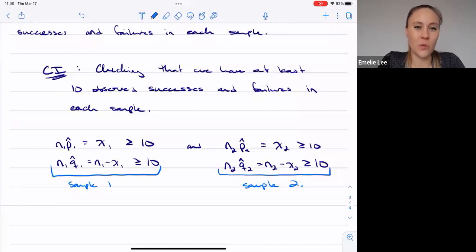So let's see here. We have to check the conditions, right? And once we've checked the conditions, and they will always check out, then we're going to actually do a hypothesis test or confidence interval.